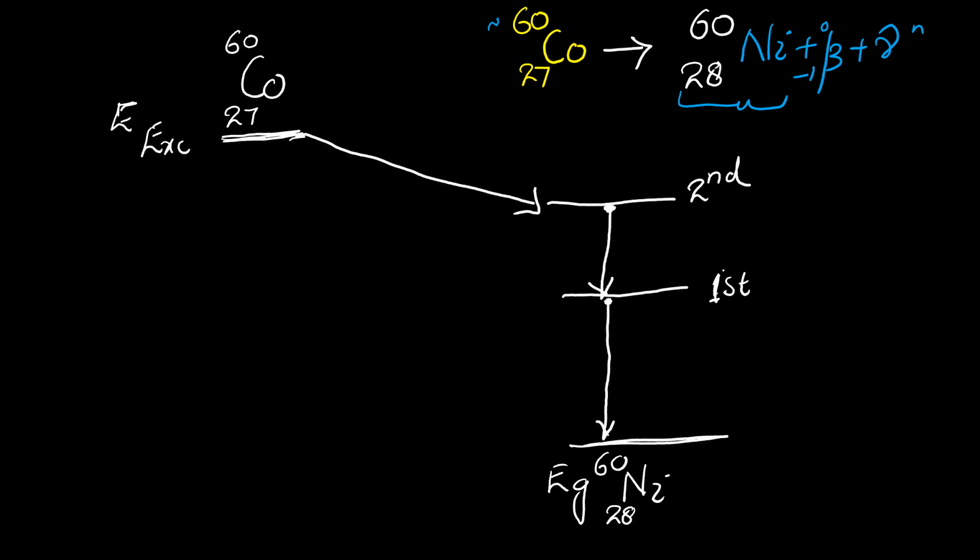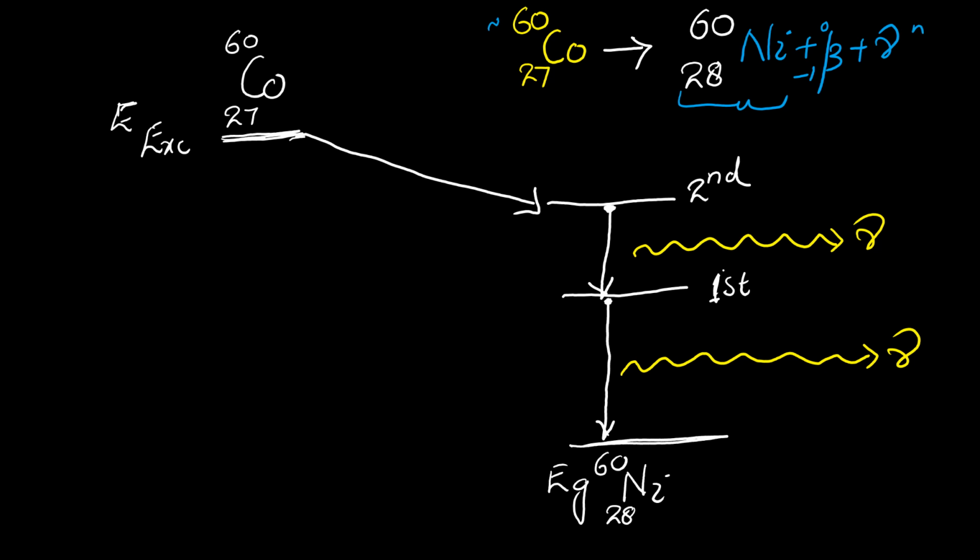In the transition from the second energy state to the first energy state, there will be a release of gamma rays. Similarly, in the transition of nickel from the first energy state to the ground state, there will also be a release of energy in the form of gamma rays.